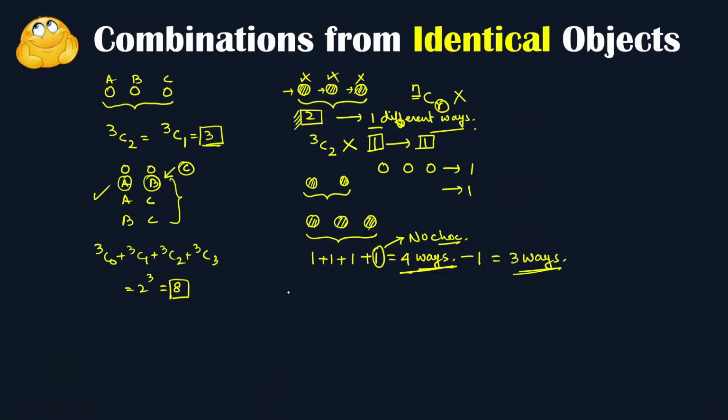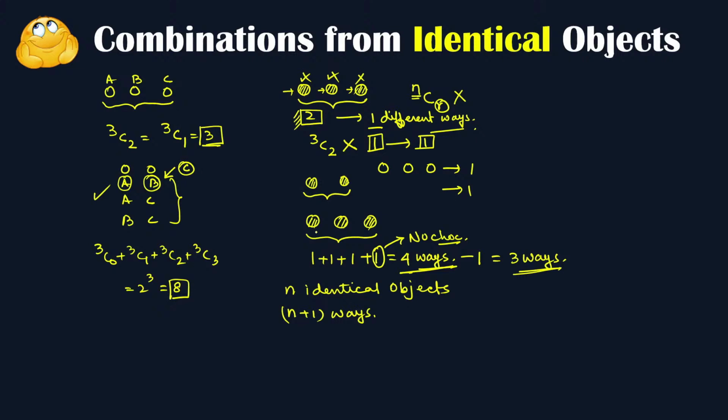Now, if I generalize this, suppose we have n identical objects, and if I ask you how many different ways these objects can be given, it will be n plus 1 different ways.